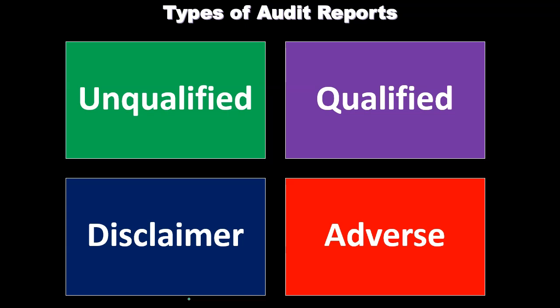And then an adverse opinion is basically saying the financial statements are not in accordance with generally accepted accounting principles. That would be a bad opinion, of course, because the idea of the audit is that we're giving an opinion as to whether the financial statements are in accordance with generally accepted accounting principles.